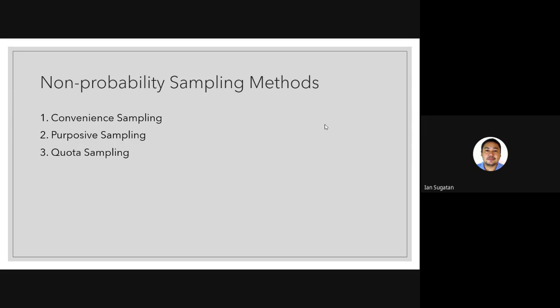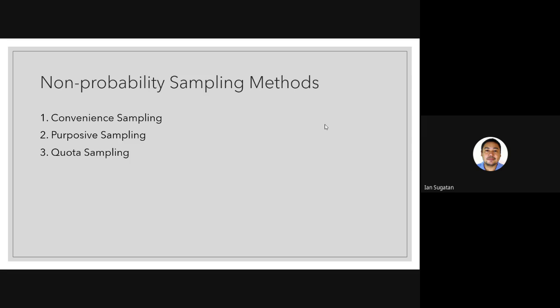The purposive sampling is used for the purpose of specific persons who will use the system that you will evaluate. Our example last time is, for example, if you are going to develop an inventory system for the barangay, then you will test it on the users of the system.